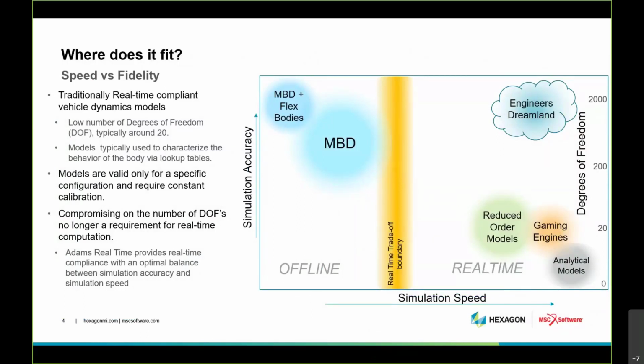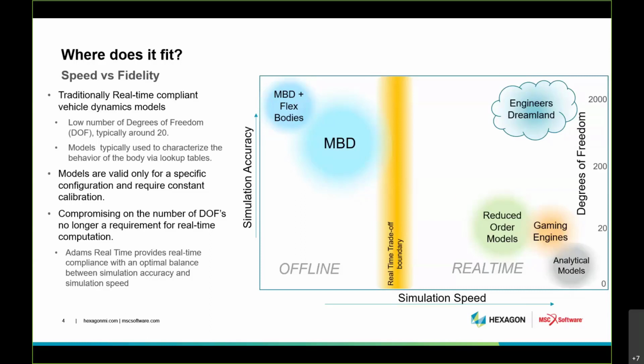Reduced order models typically are done by taking characteristics of the suspension systems and converting those to lookup tables, so that you have these nonlinear representations connecting the wheels to the body of the vehicle. And that's how you can get those sort of high speeds. Whereas at the other end, obviously, we have traditional MBD type models, and then even more complexity when we add things like flex bodies, which give you very accurate representations, but obviously the run times are a lot slower.